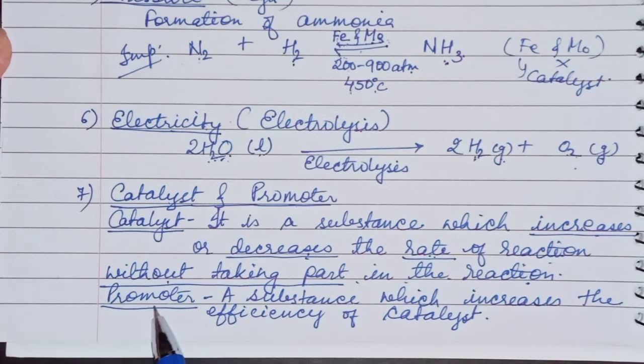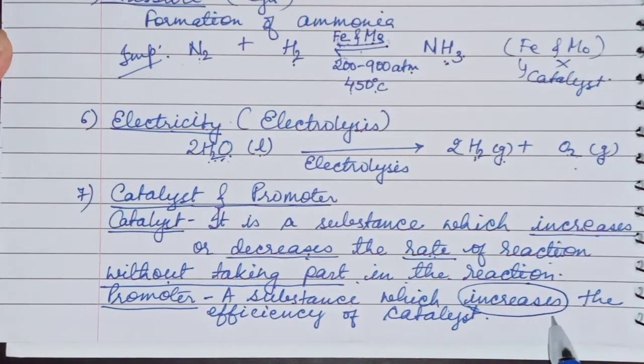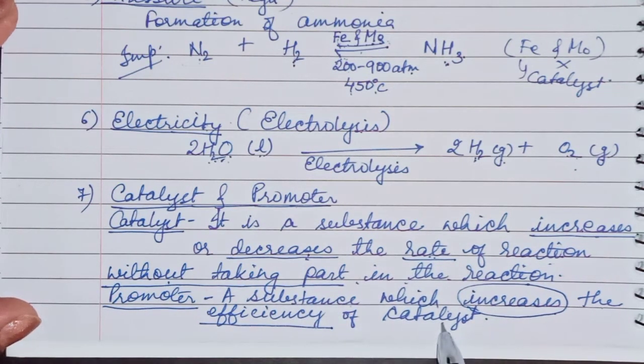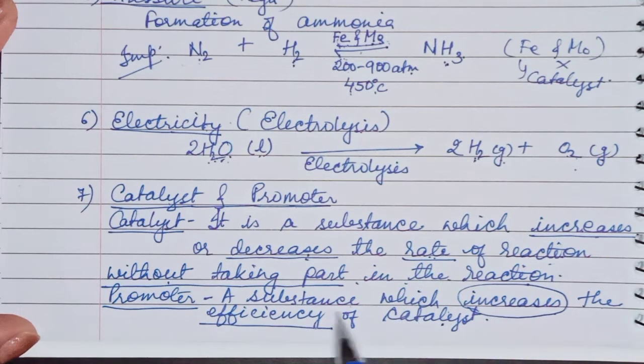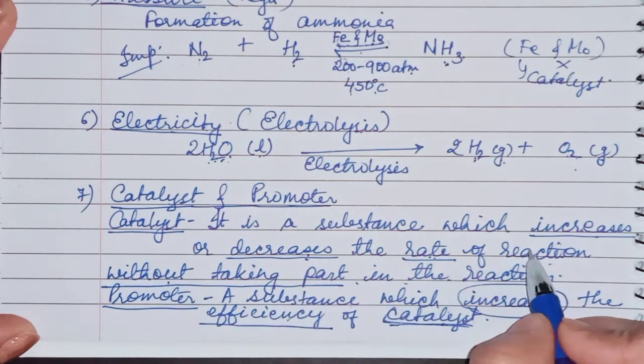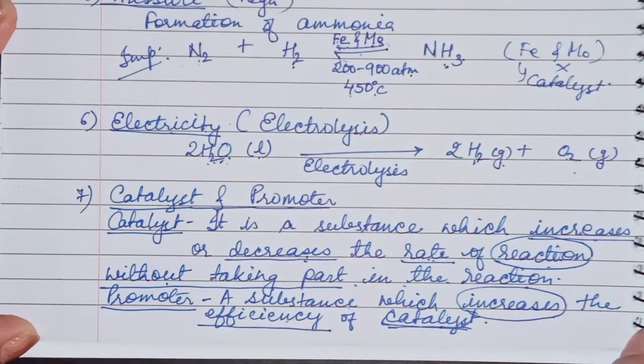Now see what is promoter. It is a substance which increases the efficiency, meaning the energy, of the catalyst. Promoter is increasing the efficiency of the catalyst, not the reaction. Children, this is the difference between catalyst and promoter.